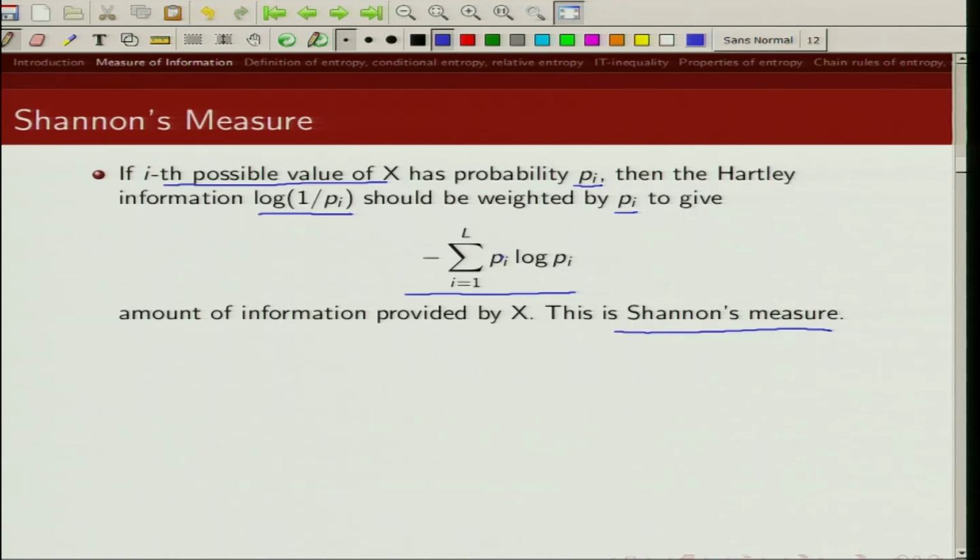So you can see here the Hartley's information in some sense is weighted by the probability of occurrence of that particular value of x.